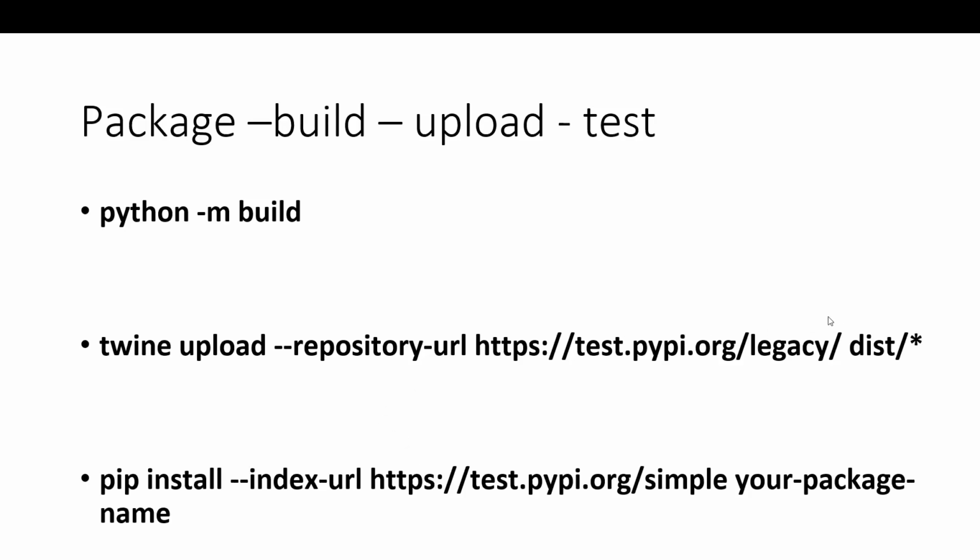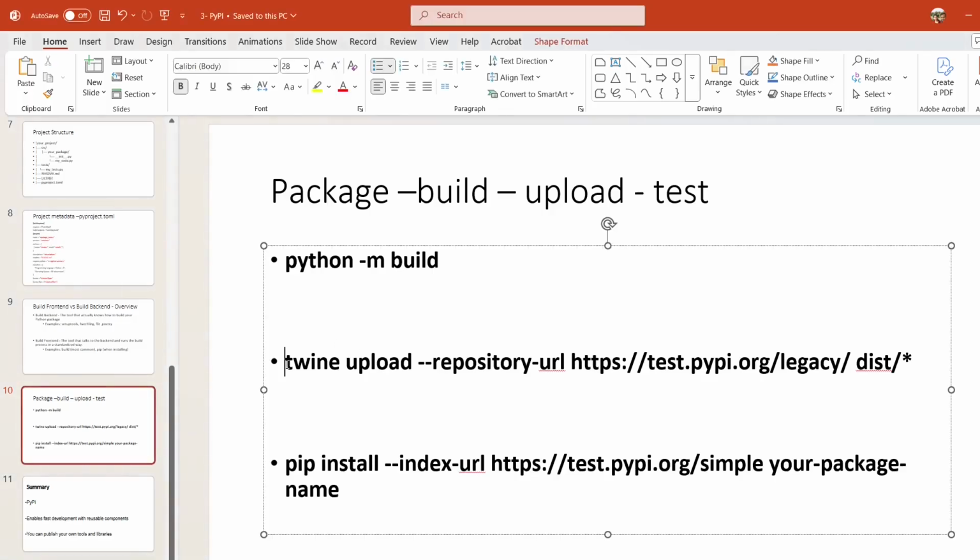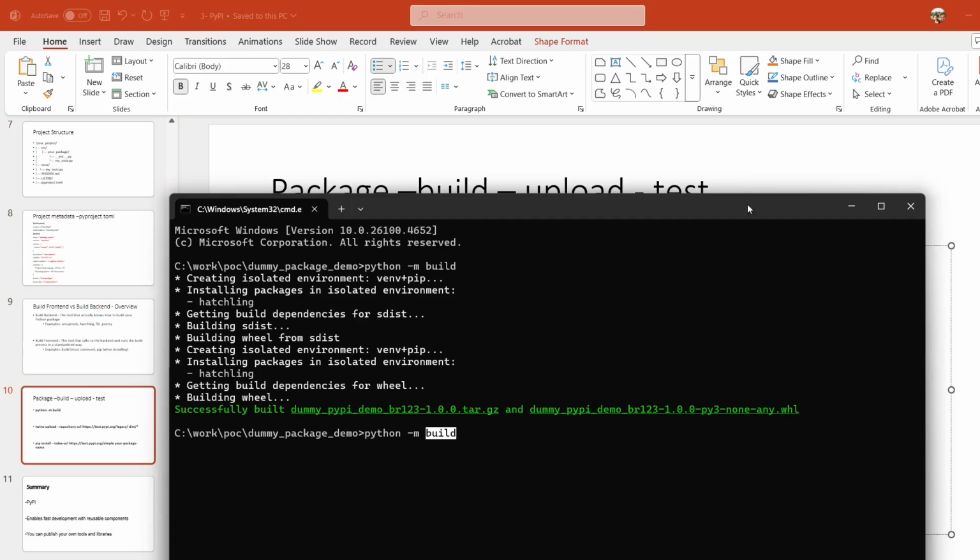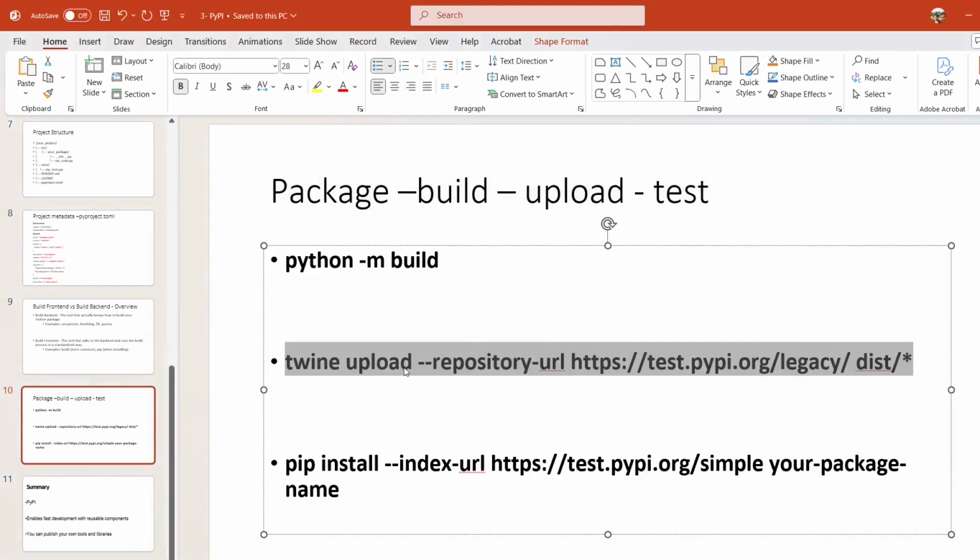Let's go to the next step, which is upload. Let me copy the command as it is from here. We are relying on another tool called twine and uploading the package to a repository. The repository URL is testpypi.org/legacy, and I'm uploading everything under the distribution folder.